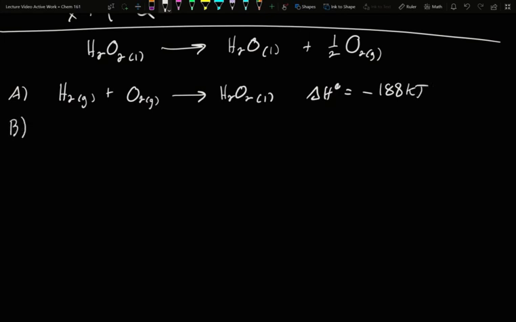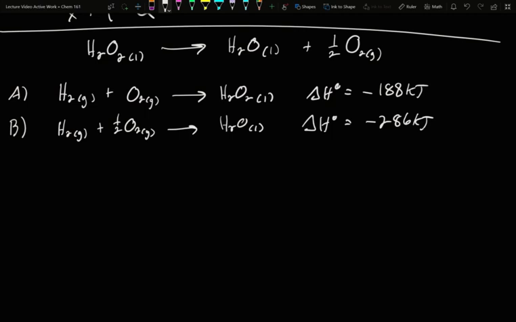And B: H2 gas plus 1/2 O2 gas can produce H2O liquid, with delta H naught of minus 286 kilojoules. Our question is, what is the delta H of reaction?